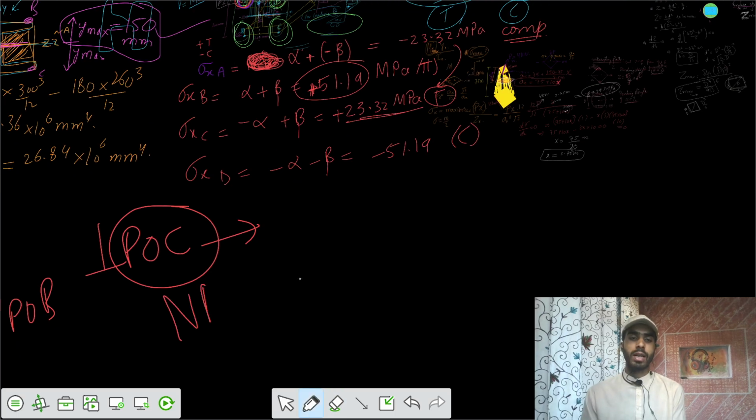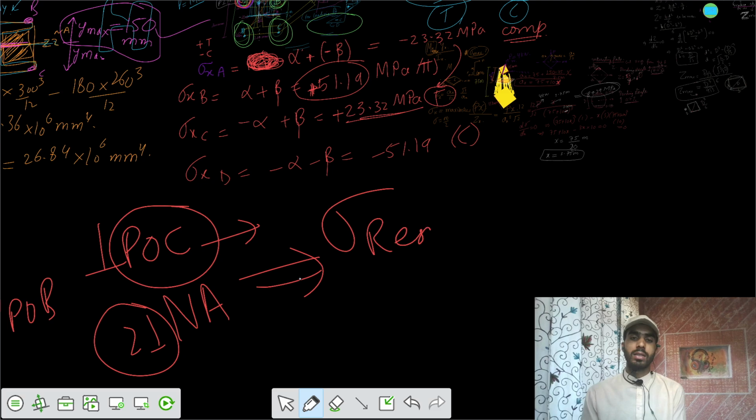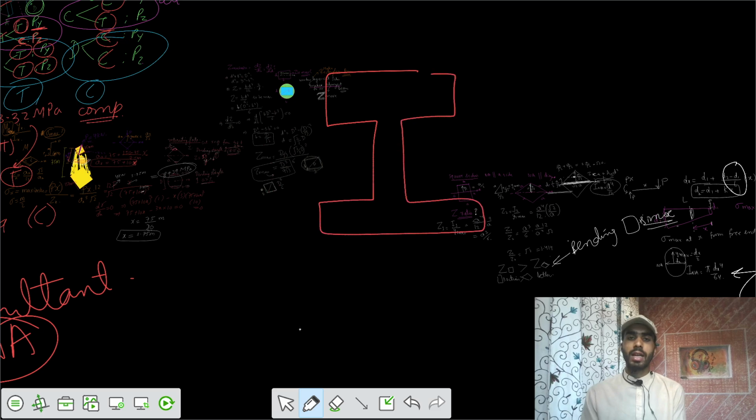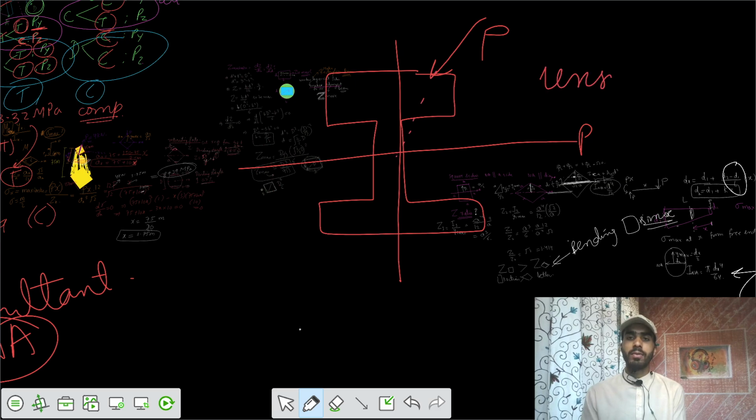Finally there would be some resultant neutral axis, and we need to find the location of that neutral axis because of this loading, which we can solve in the next lecture. This was principal axis 1, this was principal axis 2. The load is not passing through the principal axis, so that is unsymmetric bending.